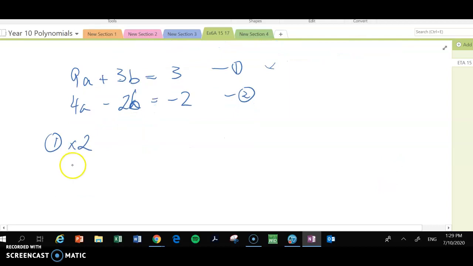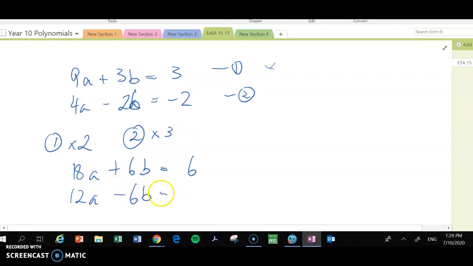And we end up with 18a plus 6b equals 6. And multiply the equation 2 by 3. And that should give us 12a minus 6b equals minus 6.